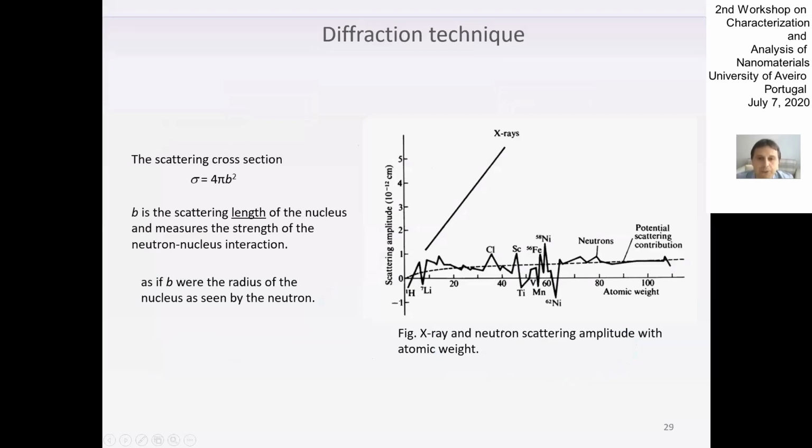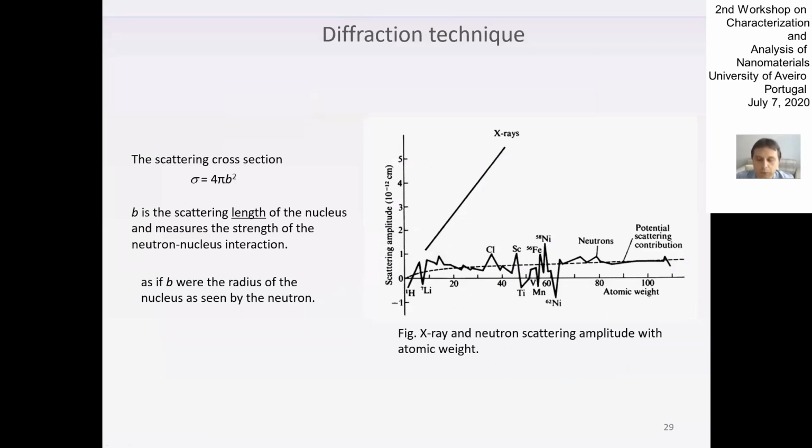interaction. So about this cross-section sigma, this is a tabulated parameter, and for X-ray radiation there is a quite trivial dependence between the scattering amplitude and the atomic number of the element. For X-ray, it's just a linear dependence. The heavier the element we have, the more intense the scattering of X-ray radiation.